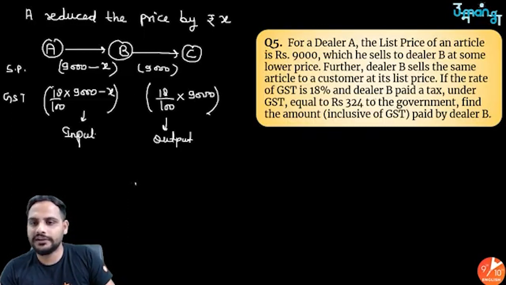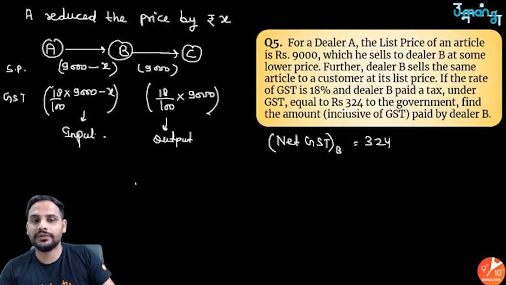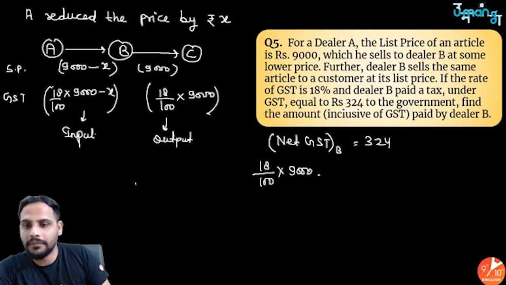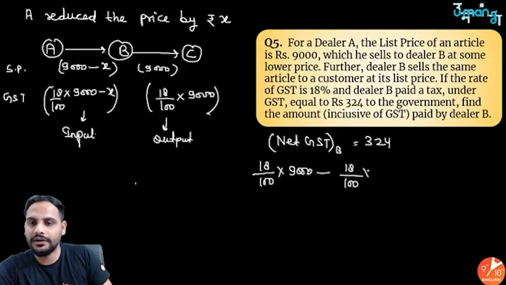And they have given that the net GST payable by dealer B to the government is 324. So the net GST for B is 324. So output minus input: 18 by 100 into 9,000, output GST, minus input GST, is 18 by 100 into 9,000 minus X.